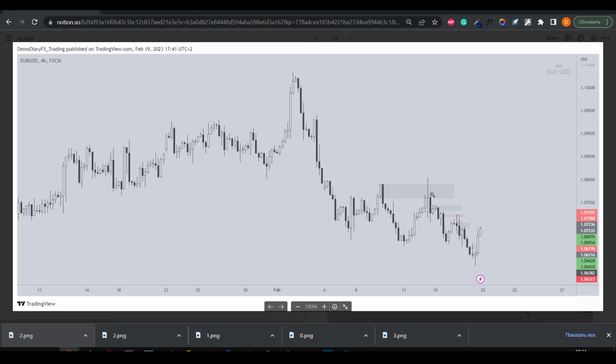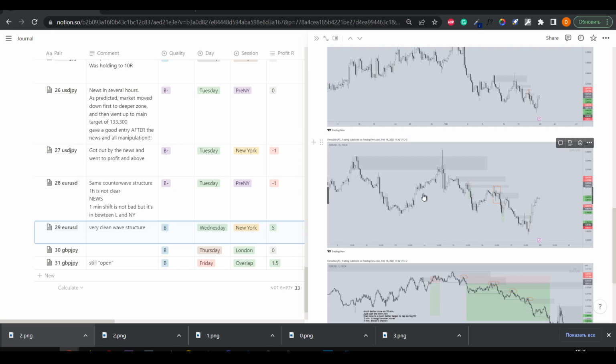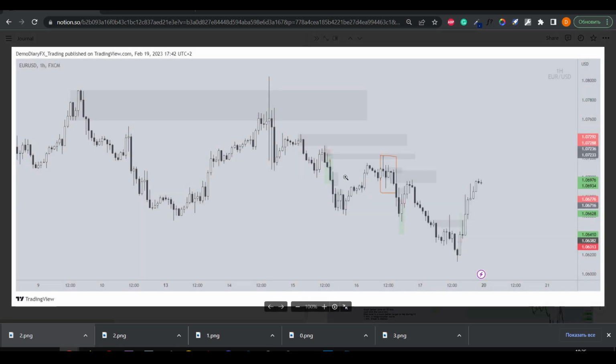Price mitigated it fully and then started to go lower. This is how the 1-hour chart looked, and you see these waves started to form, and it all came from that zone on the 4-hour, and then it gave many entries after that.